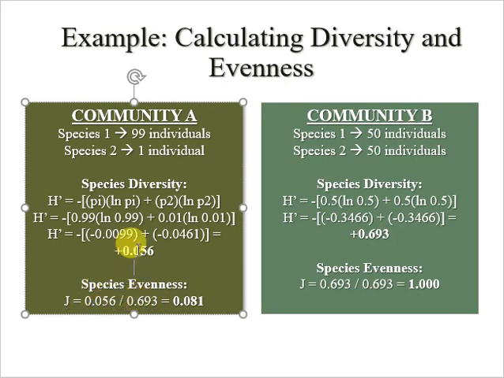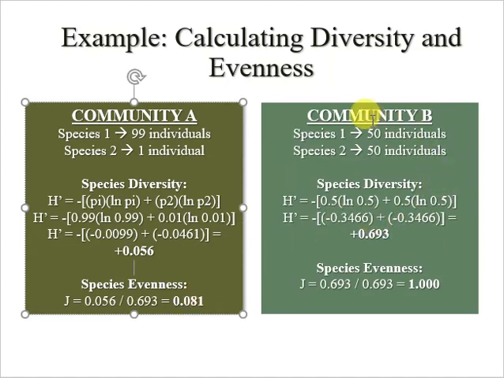We take the current diversity value that we have divided by the maximal diversity that we could have given this community, and that gives us an evenness value of 0.081. So in general, we have pretty good diversity, pretty good evenness.